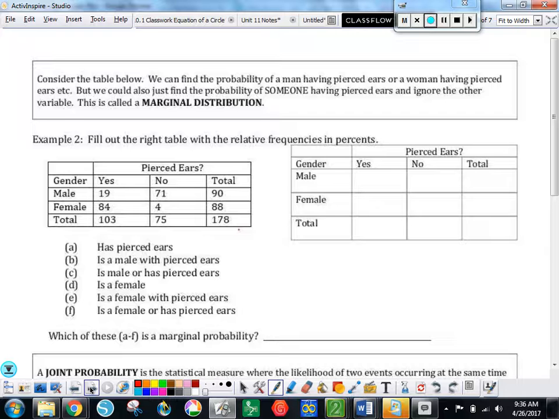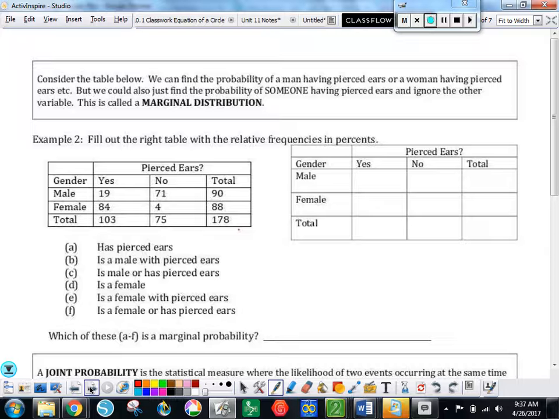You know, females generally like different things, sometimes, not always. So in this case, it's pierced ears. So we could look at specific male, female, and piercings, not piercings. Or we could just look at the probability that someone has pierced ears, or someone is female, or whatever. If I'm only looking at one variable, it's called a marginal distribution.